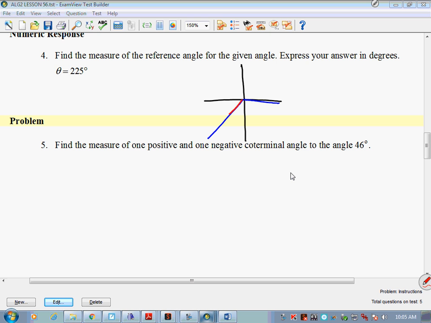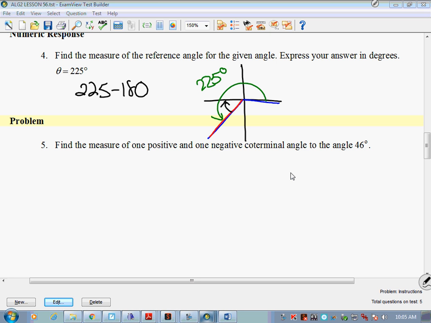So let's kind of follow what we've said before. Here to here, okay, is 225 degrees. Okay, but I want back to there. That's my reference angle. So what do I need to do? 180 minus 225? 225 minus 180.